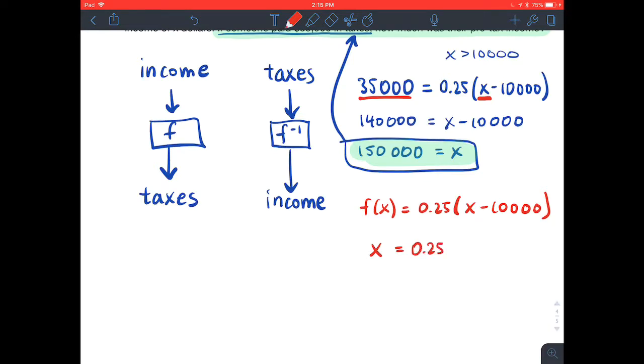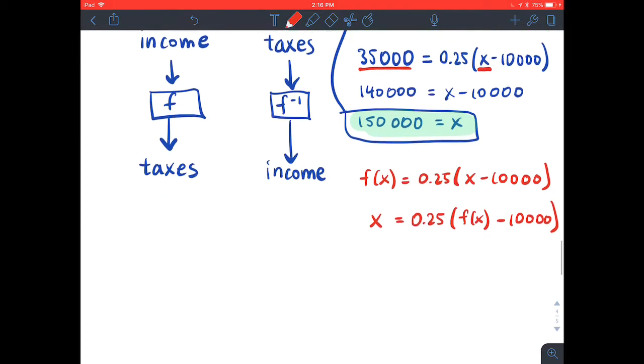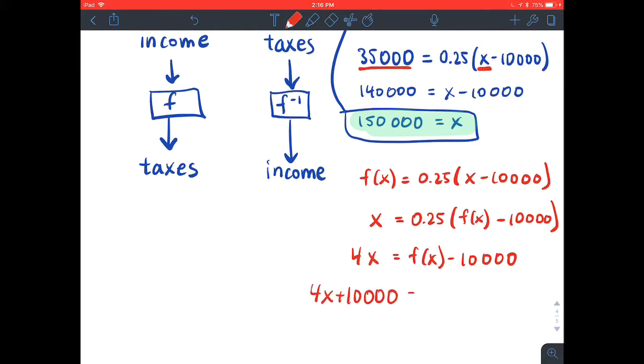Then we need to solve for f of x, and that's going to be our output, to determine what the original income was. Doing the same exact steps, multiplying by 4 and then adding 10,000, we arrive at our inverse function.